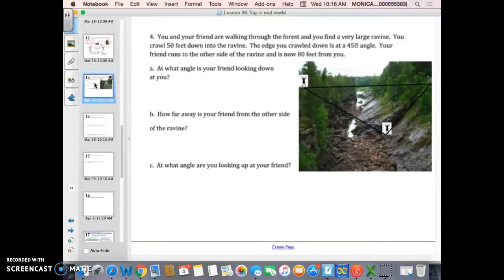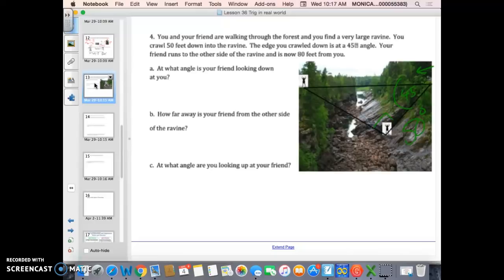This is you and your friend are walking in the forest. And you find this really big ravine. You crawl 50 feet down the ravine. So this is 50 right here, because you were over here. You're walking this way, just to let you know. This is a 45 degree angle.